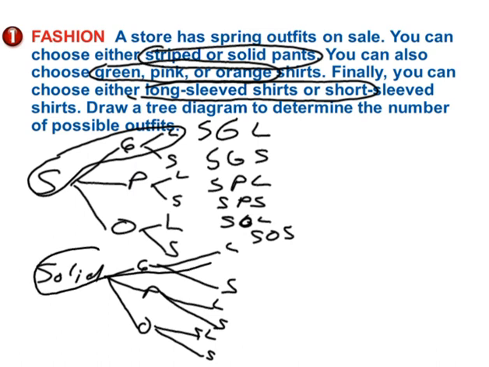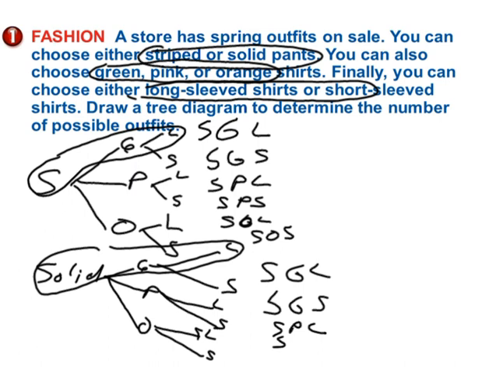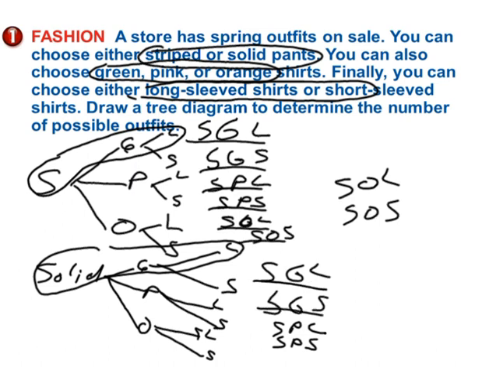Solid, I could have solid with green and long sleeves, or solid with green and short sleeves, solid with pink and long sleeves, solid with pink and short sleeves, solid with orange and long sleeves, solid with orange and short sleeves. I think if I counted those as 1, 2, 3, 4, 5, 6, 7, 8, 9, 10, 11, and 12.